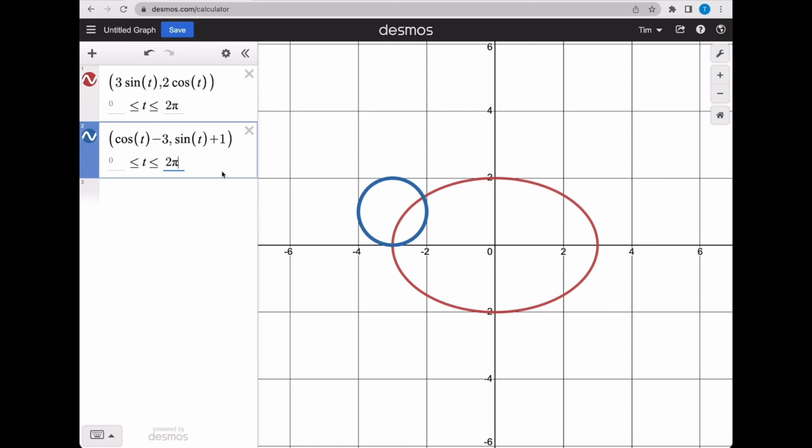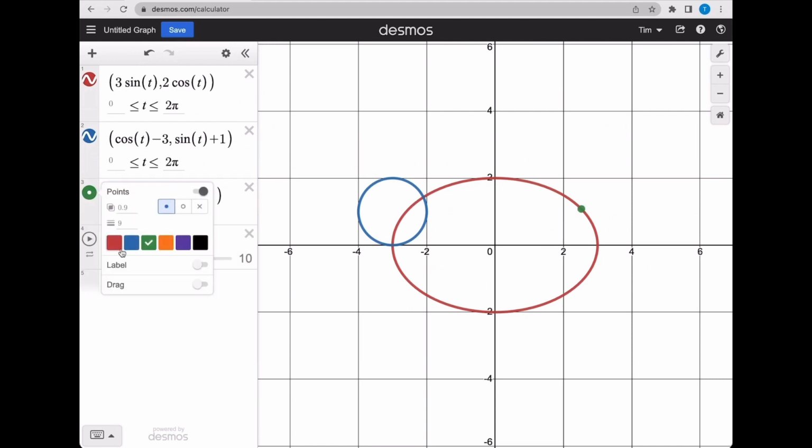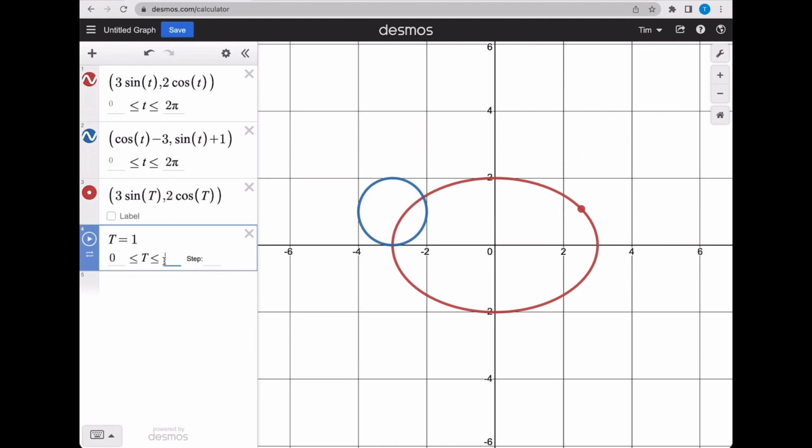Now let's try to figure out if we have collision points here. To do that, we're going to look at the specific points on these curves that trace out the curves. For the first curve, the ellipse, as the parameter ranges from 0 to 2 pi, here's what the point does.